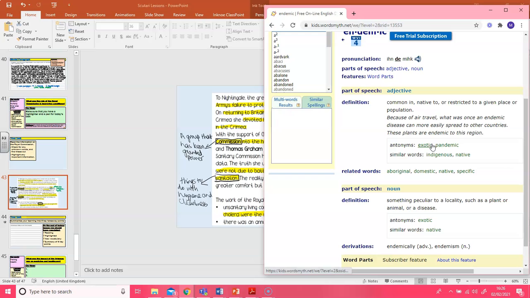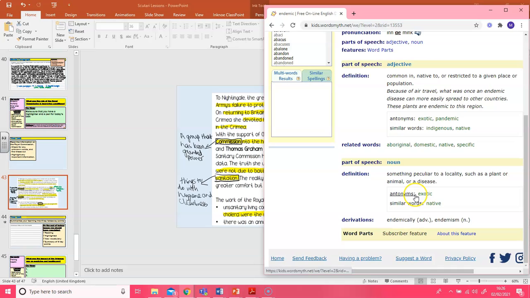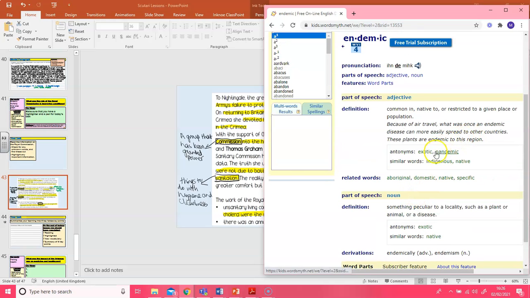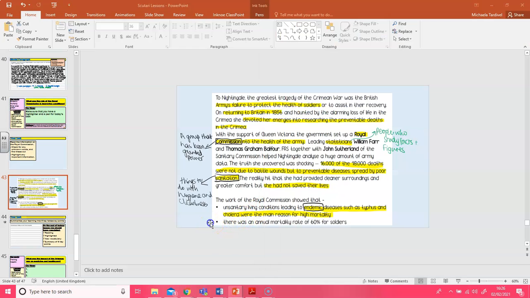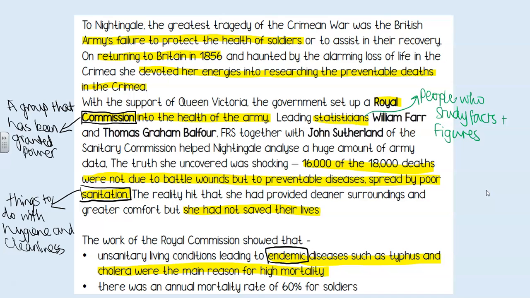So endemic means it's only found in that area, okay? So whereas a pandemic is found everywhere, an endemic is only found in that particular place. So it's limited in this particular instance to Crimea. Now that doesn't mean that cholera and typhus can only be found in Crimea. What it means in this instance is that we have a localized disease.